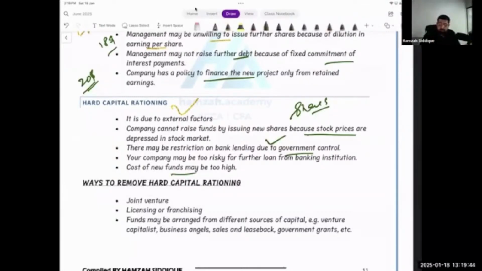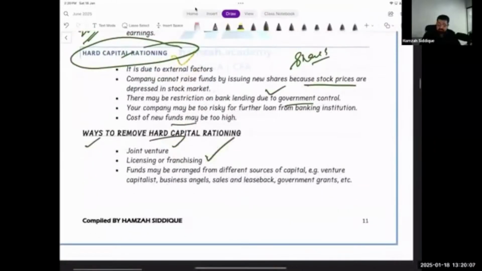Now, how to remove hard capital rationing? Joint ventures: a big investment where some amount will be invested by us and some by another party. Give licenses, do franchising, or go to venture capital, big investors.